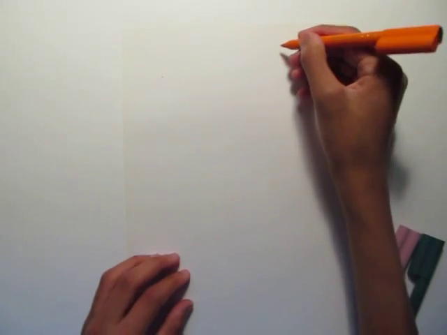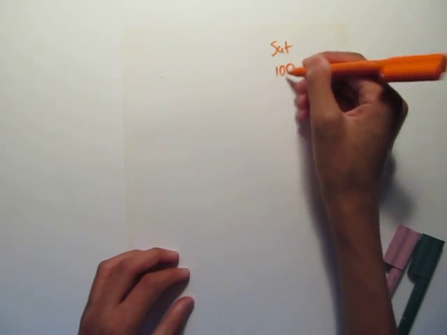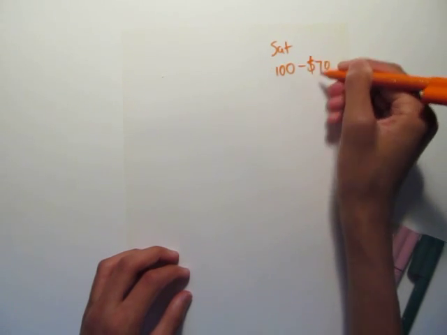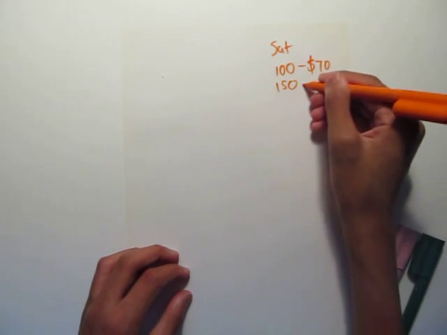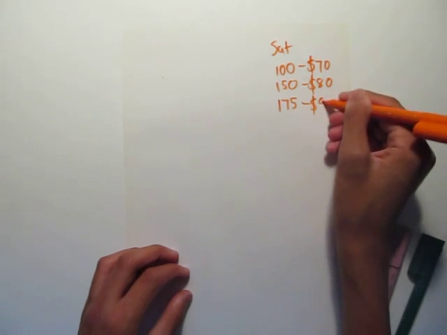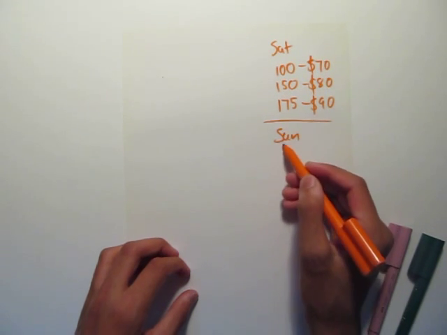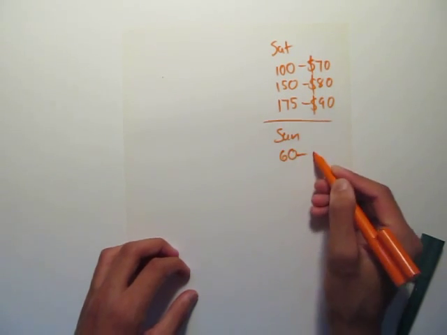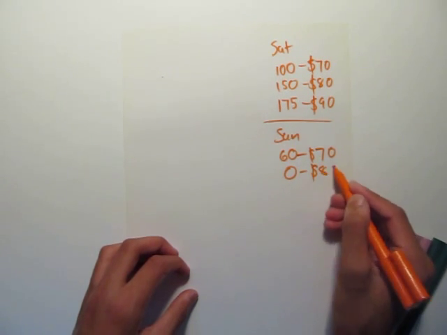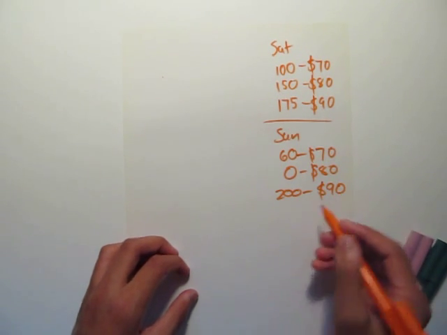On Saturday they have sold 100 $70 tickets, 150 $80 tickets, and 175 $90 tickets. And Sunday they sold 60 $70 tickets, 0 $80 tickets, and 200 $90 tickets.